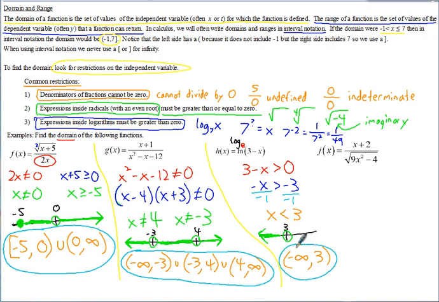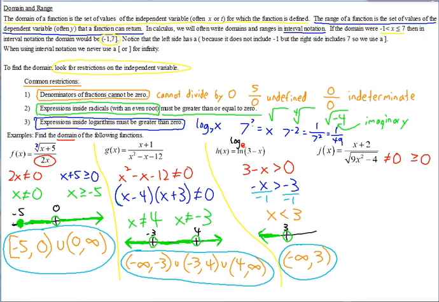All right, and let's take a look at one last one. For j of x, we've got x plus 2 over the square root of 9x squared minus 4. So we've got two different things happening on the denominator. We know denominators can't be 0. But we also know expressions inside radicals have to be greater than or equal to 0.